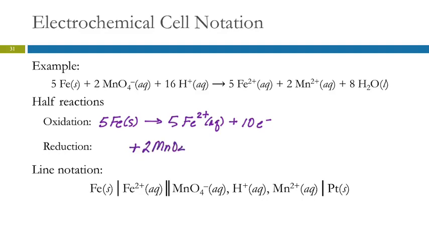So I've got the 2 permanganate ions, and I've got the 16 hydrogen ions, and then I've got 2 manganese ions and 8 water molecules.